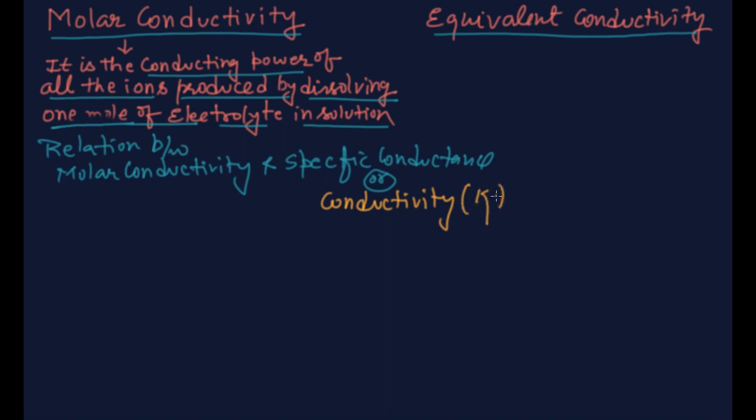Kappa, not papa. Please take care. Now the relation is that lambda m is equal to kappa into V. Normally, if you write it down, it will come in this way.